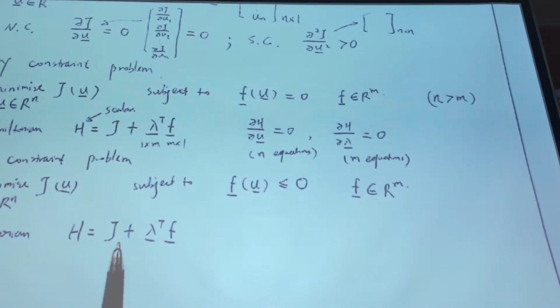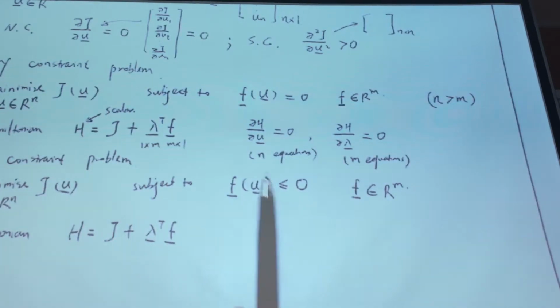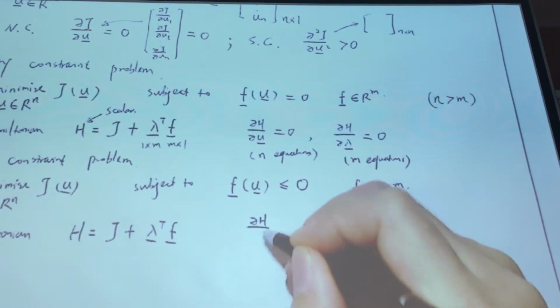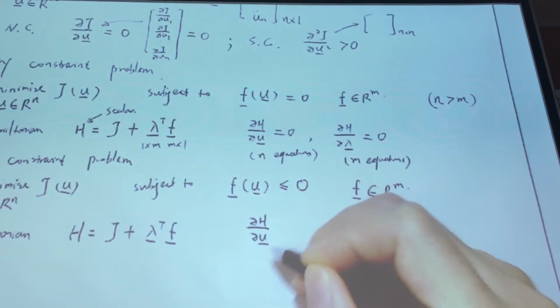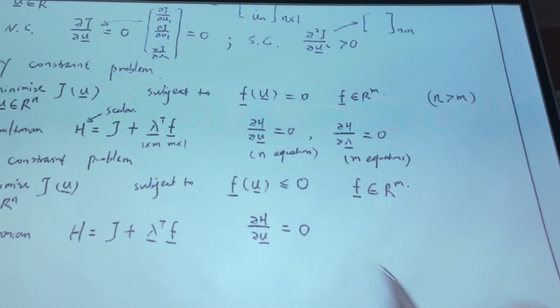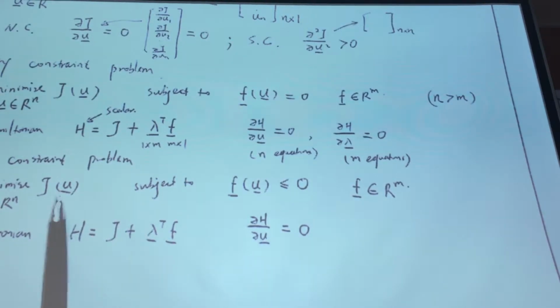We define the Hamiltonian to be the original cost function plus a linear combination of the constraints, and we require dH/du to be 0. This gives us n equations regarding the input.